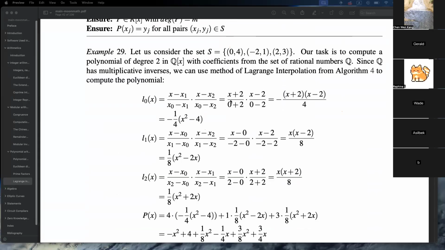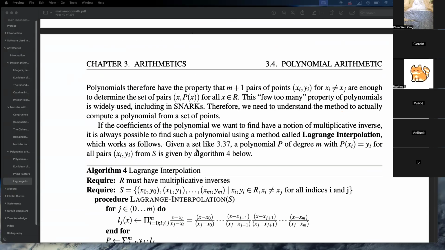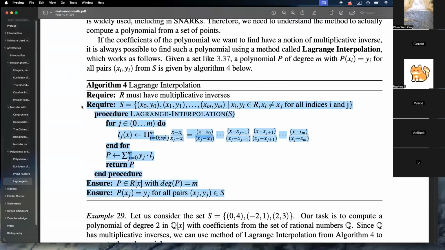So here, given some set S, 0, 4, -2, 1, 2, 3, we want to compute a polynomial of degree 2 in this case. If you look here, they gave an algorithm that you can use. I'm going to use this because I don't really know another very efficient way of calculating this.